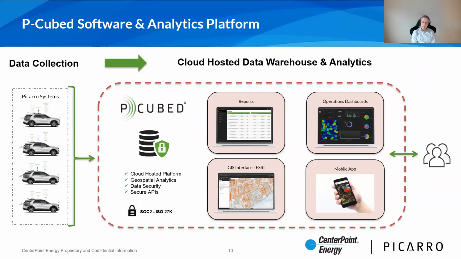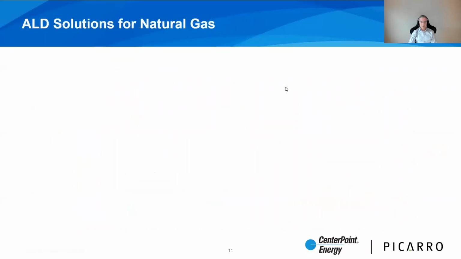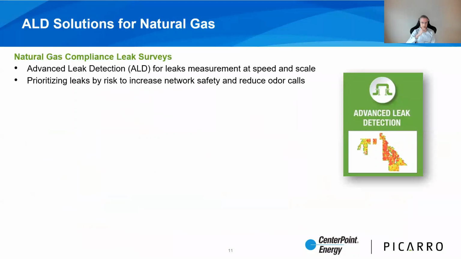And we also have mobile capabilities for the platform where we can send some of the Picarro results to field investigators. So this platform, as I mentioned at the top of my remarks, powers 3 different broad categories of applications.